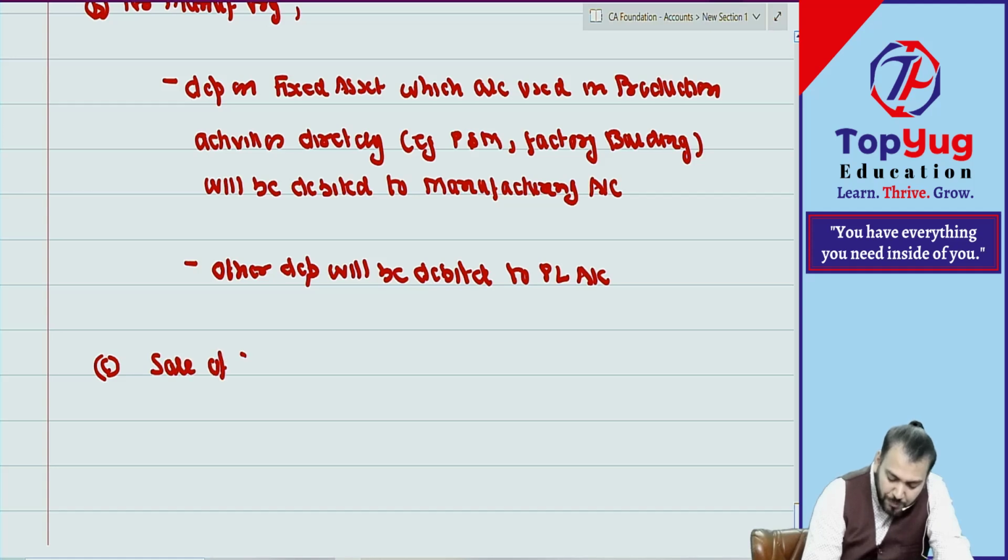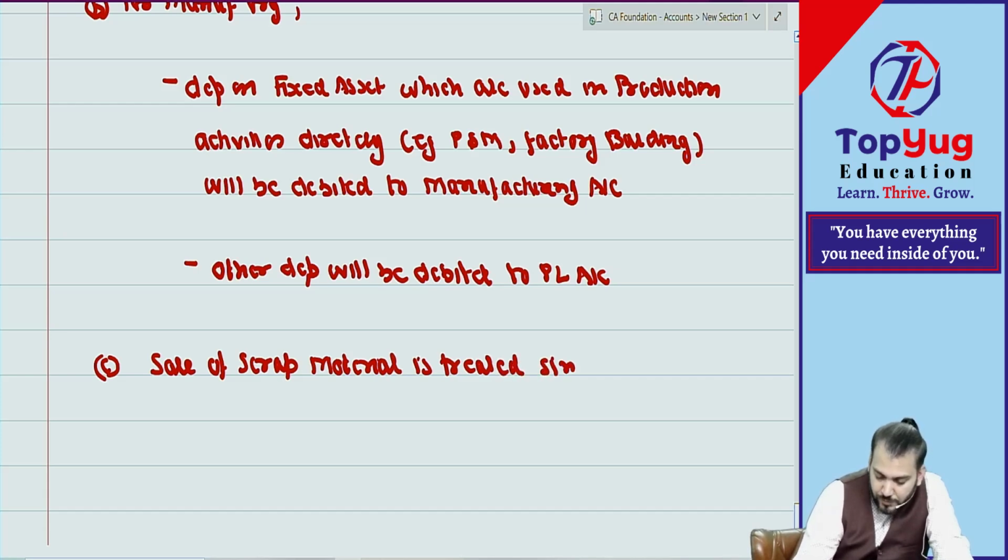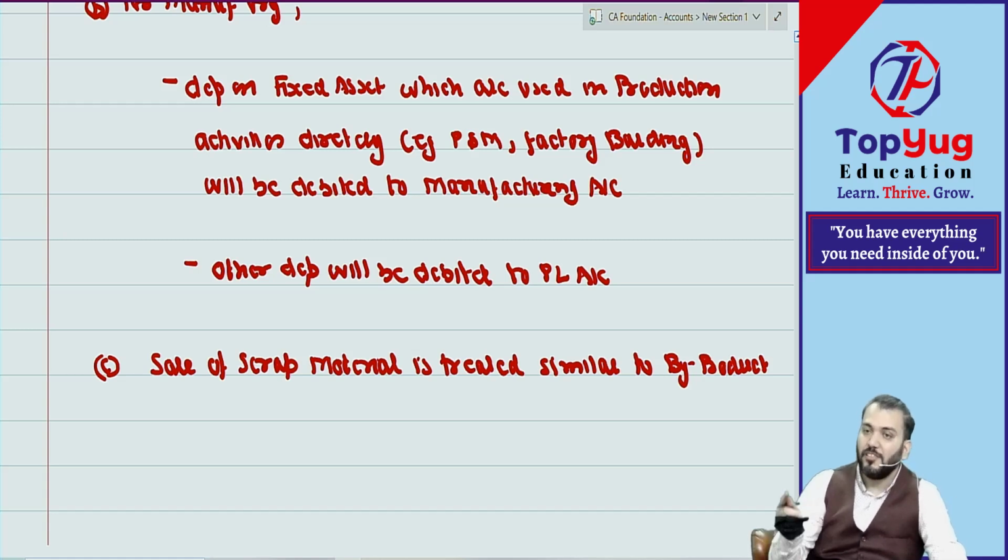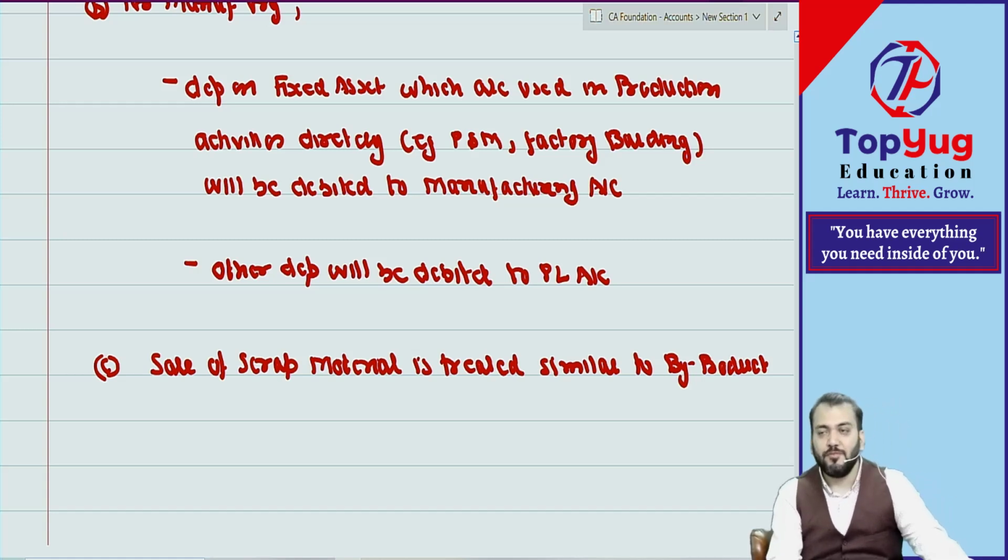Point number C. Sale of scrap material is treated similar to what? Similar to a by-product. It means the sale price of scrap material will also be deducted from the manufacturing cost.